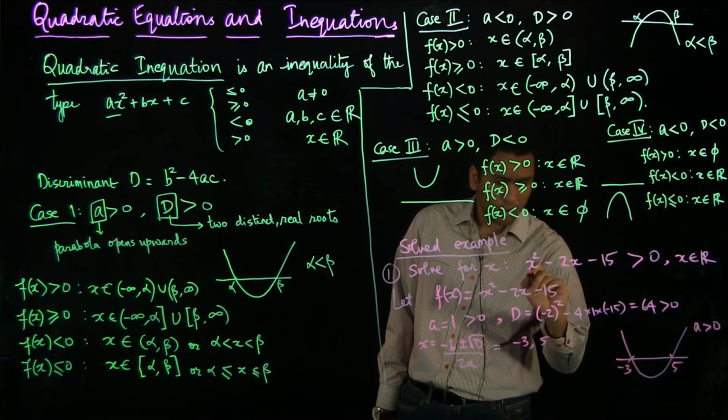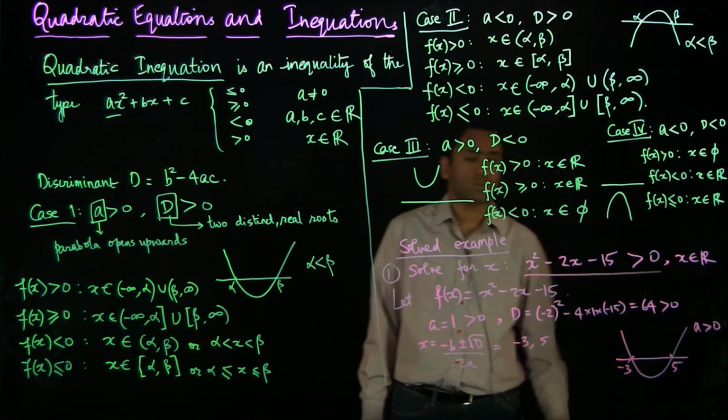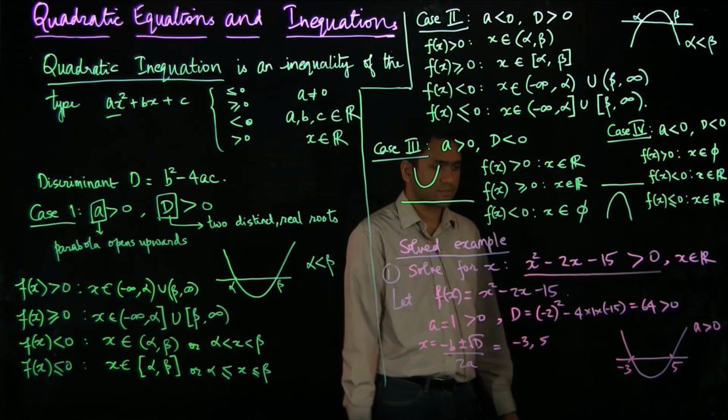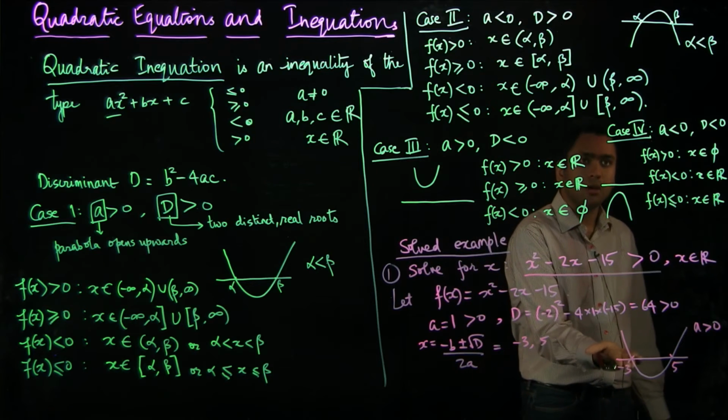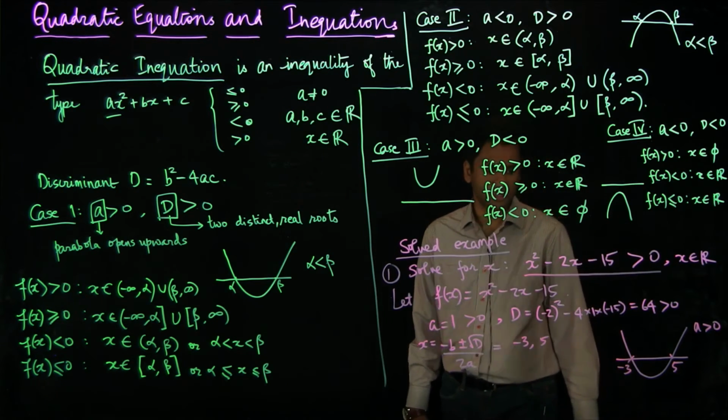So we are looking for all those numbers which are real and for which x squared minus 2x minus 15 is greater than 0. So just by looking at this, we are looking for points which are above the x-axis where y is greater than 0.